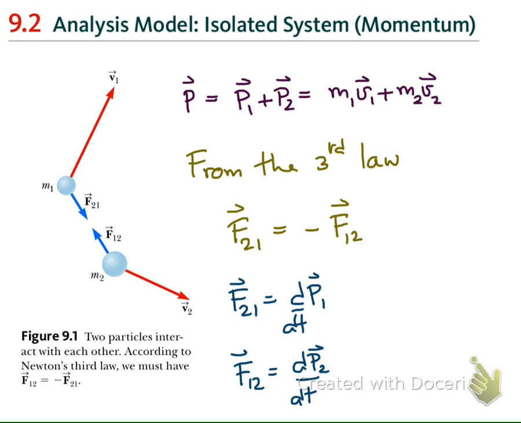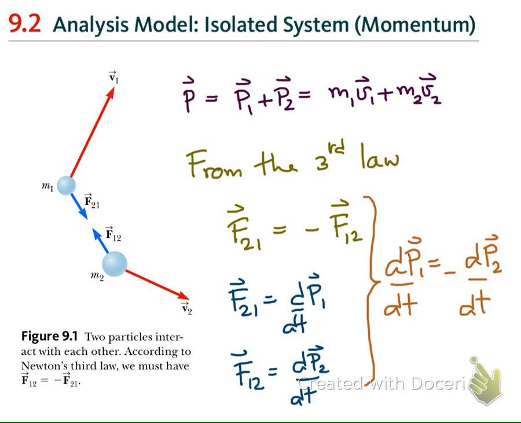From this relation, we have that the rate of change of the momentum of particle number 1 is equal to the minus of the rate of change of the momentum of particle number 2. Okay.